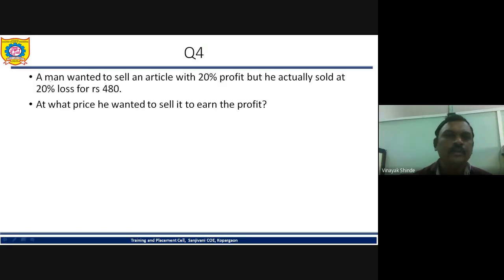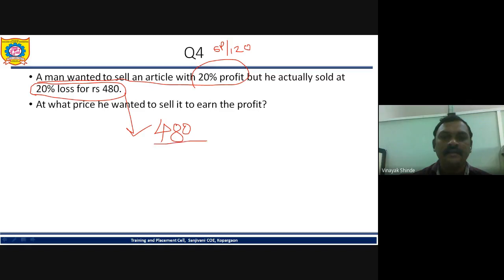Very good. So a man wanted to sell an article with 20% profit. So उसको 20% profit चाहिए. 20% profit के लिए selling price होनी चाहिए 120. ठीक है. But he actually sold at 20% loss for rupees 480. So 480 में जब बेचता है तो उसको 20% loss होता है. So 480 it is a loss case. 480 divided by कितना आएगा? 80 is equal to selling price divided by 120. खत्म.